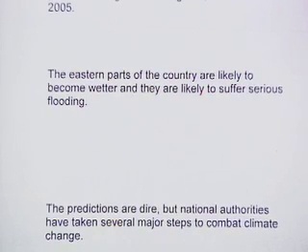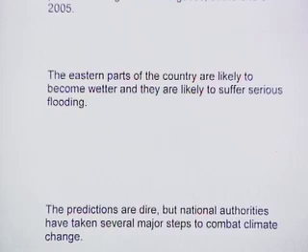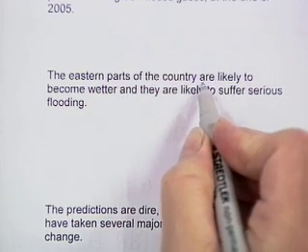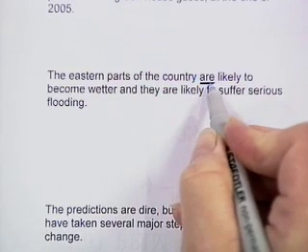Here's our first one. The eastern parts of the country are likely to become wetter and they're likely to suffer serious flooding. Start with finding your finite verb. Now, this finite verb is one that people forget. Are is part of the verb to be.